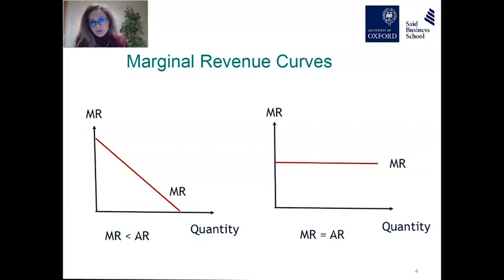In these types of markets, you may find it surprising, but the marginal revenue will look like a flat line, like the one on the right hand side. The reason for this is that because each individual producer is so small, given the overall size of the market, it doesn't really matter how much the firm supplies to the market.